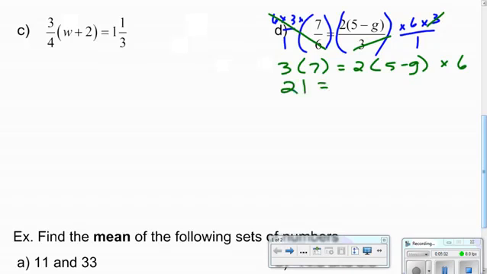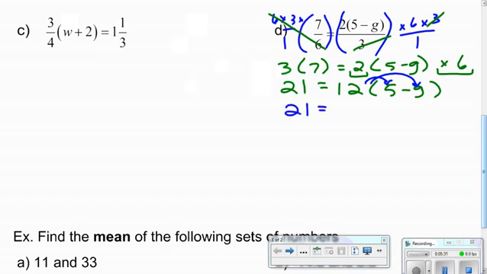So now we get 21. I'm going to multiply the 2 and the 6 to give us 12 times 5 minus g. And then we distribute, because 21 divided by 12 is going to give us a fraction again. So we need to distribute. We're always looking for a way to try and not add fractions in if possible.